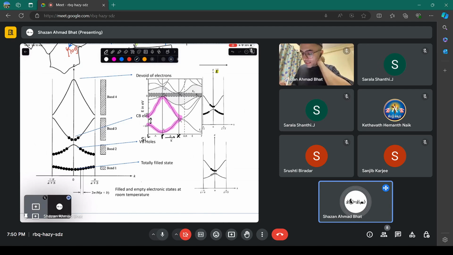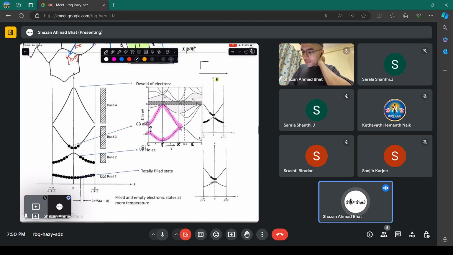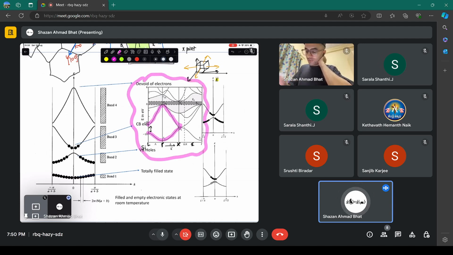If you go from the X direction to some sigma direction, this is one more direction in the lattice, because when you consider the three-dimensional lattice, you have Miller indices. It depends whether you are talking about this direction, this direction, this direction, or this direction. Accordingly, the electron's energy will have different values along different directions. That is what this particular band structure tells you.